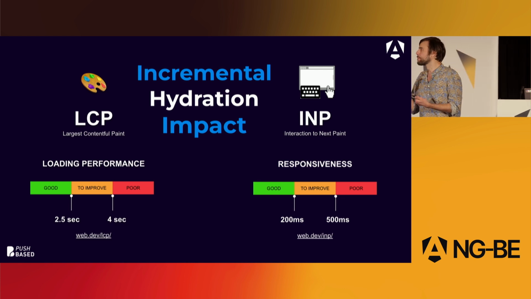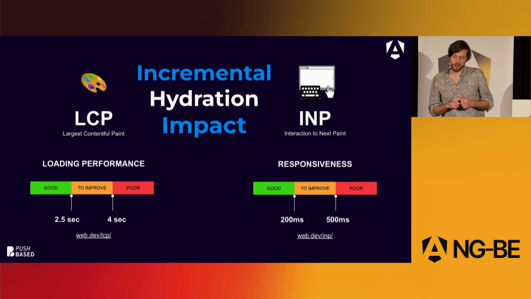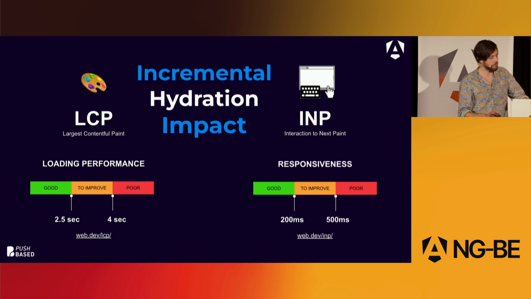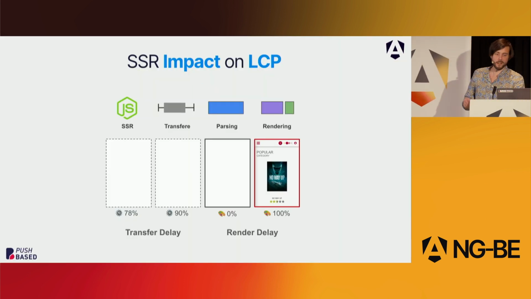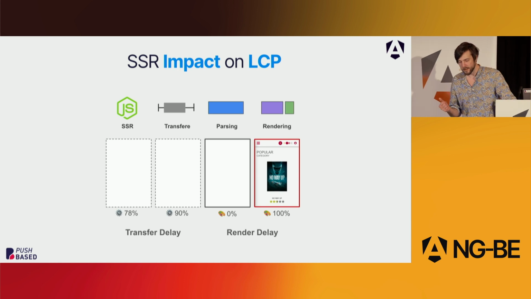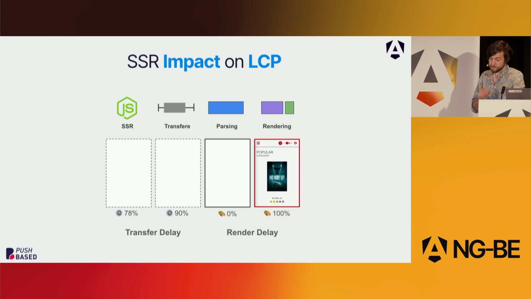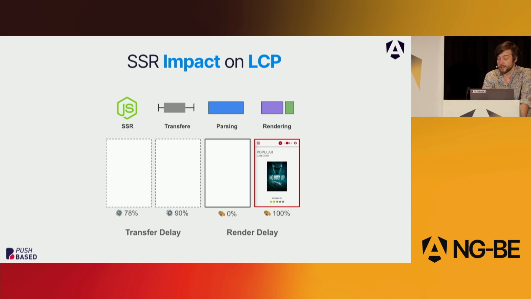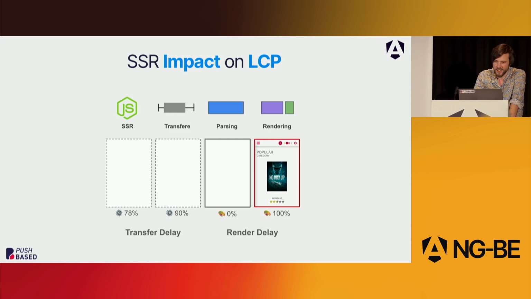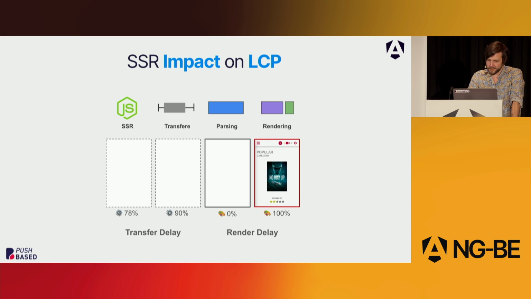Incremental hydration will impact the largest contentful paint, and it will impact the interaction to next paint. And those two metrics I want to quickly show you where they are connected to the process. So the LCP impact of your server-side rendered application and then incrementally hydrated application is in those two phases.